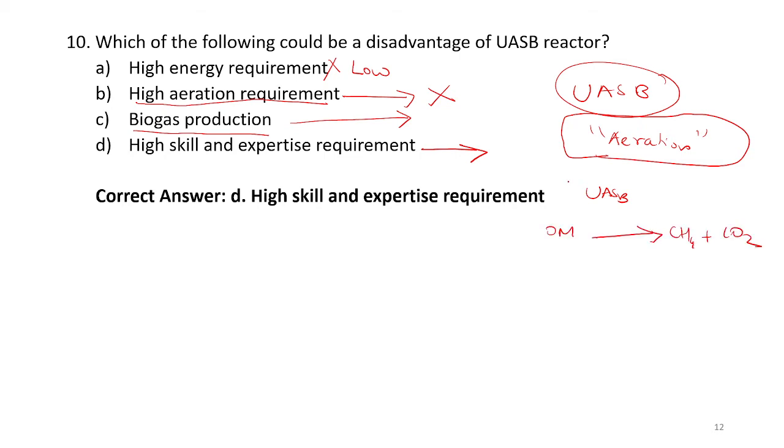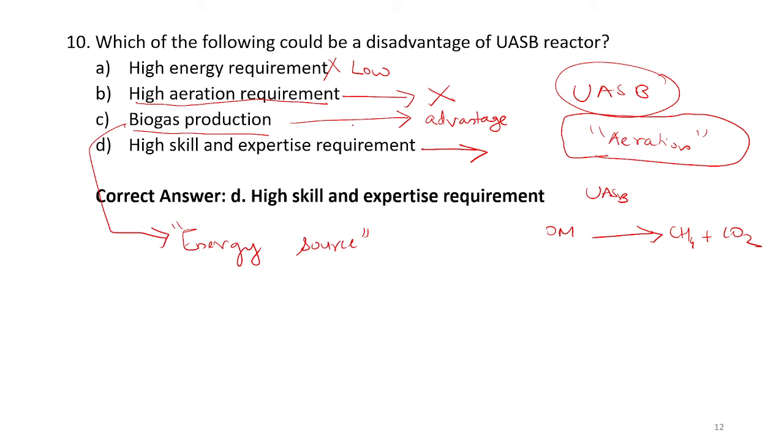So the biogas production is one of the important advantages of USB reactor or any anaerobic reactor. It is not a disadvantage. This biogas can be utilized as an energy source. So it is an advantage, not a disadvantage. Hence option C is also incorrect.